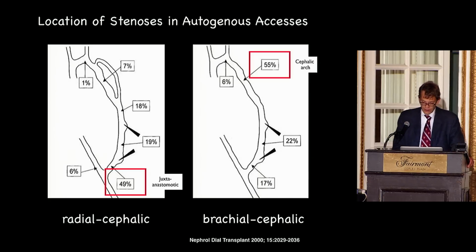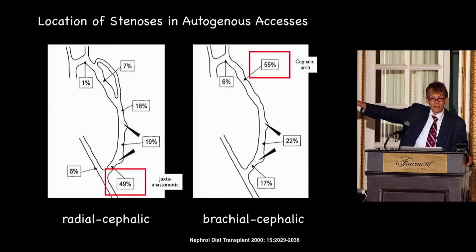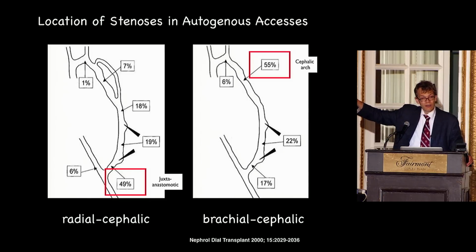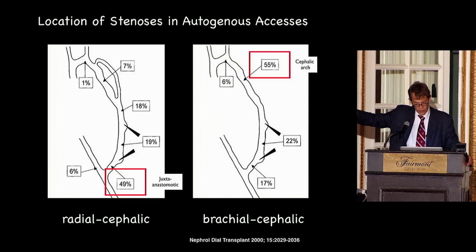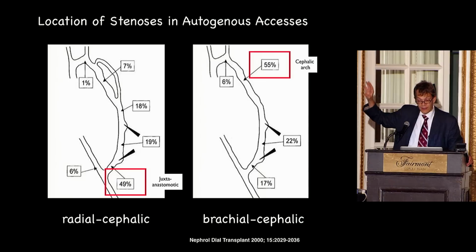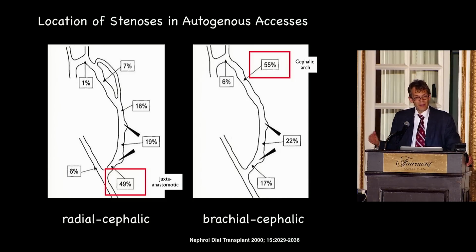Here's a graphical depiction of this. On the left side, the forearm access, 50% of stenoses on average are located juxta-anastomotic or at the inflow, while in the upper arm brachiocephalic, it's 50 to 60% cephalic arch. And cephalic arch stenoses come back rapidly, every 3 months.